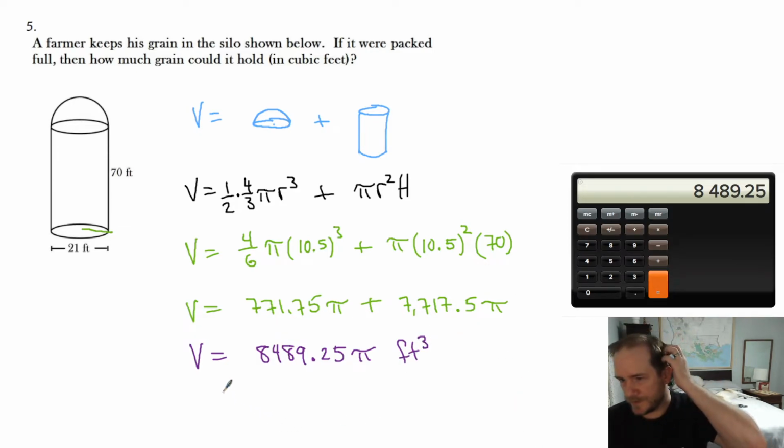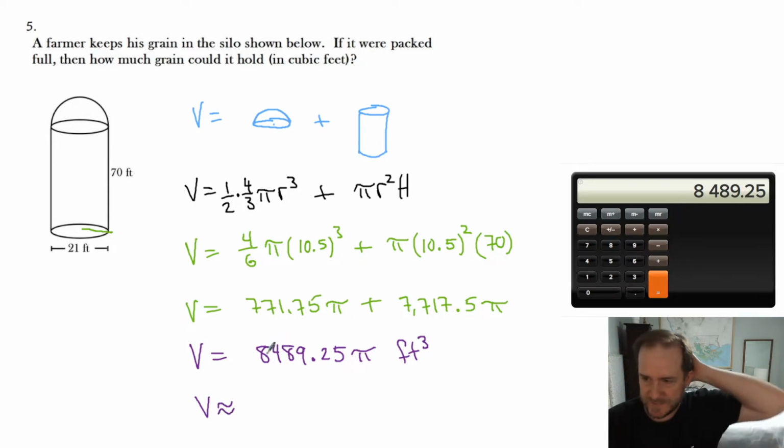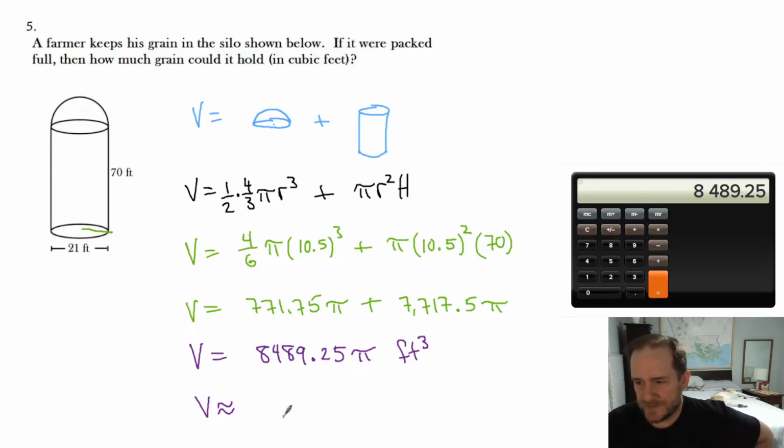And now here one could make the case that we should probably give a decimal answer. This is a word problem. You typically want to answer word problems as a decimal, so let's actually do this out. So back to the calculator one last time. Here's our coefficient, just multiply it by pi. So times 3.14159. Use as much of pi as you can. And I'm getting 26,669.74.